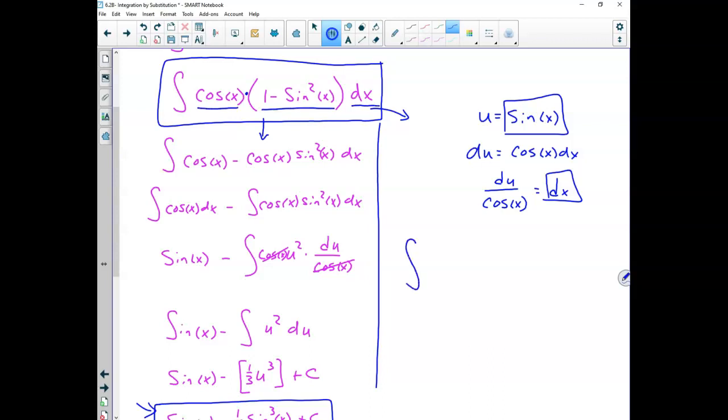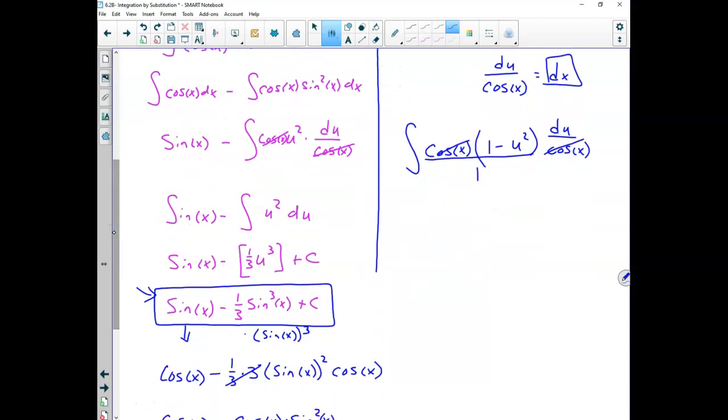So my integral is actually going to be cosine x times 1 minus u squared, where my dx is going to be a du over a cosine x. Check it out. This is all over 1, so the cosines are going to cancel, okay? And then that's going to give me the integral of 1 minus u squared du.